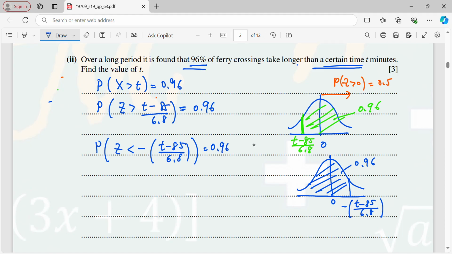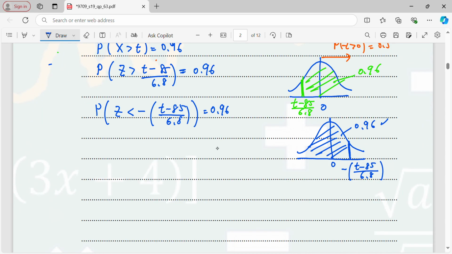Since the line is on the right side and the probability is greater than 0.5, I can get the value from the table. From the normal table, P(Z less than 1.751) is 0.96. Then I will just equate them, so this value equals 1.751.